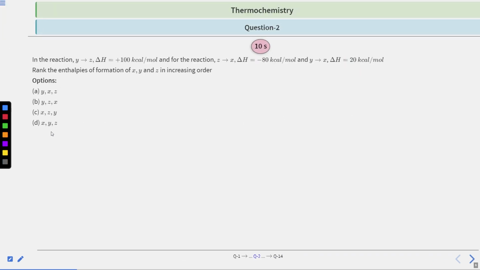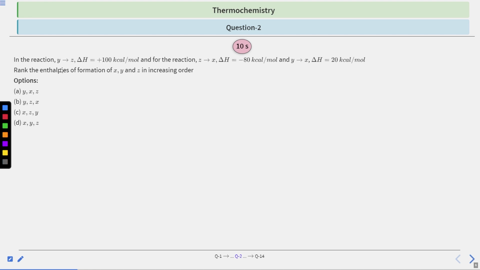Let's move to question number 2. In the reaction Y to Z, delta H is plus 100 kilocalorie per mole, for the reaction Z to X, delta H equals minus 80 kilocalorie per mole, and for Y to X, delta H equals 20 kilocalorie per mole. Rank the enthalpies of formation of X, Y and Z in increasing order.